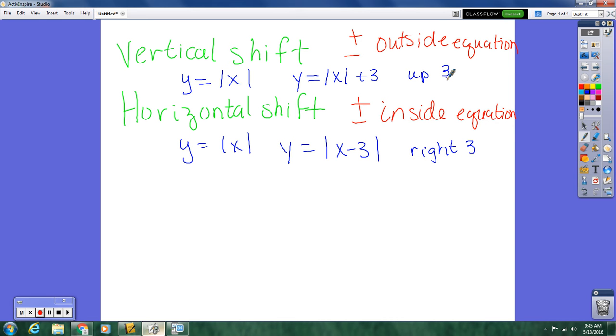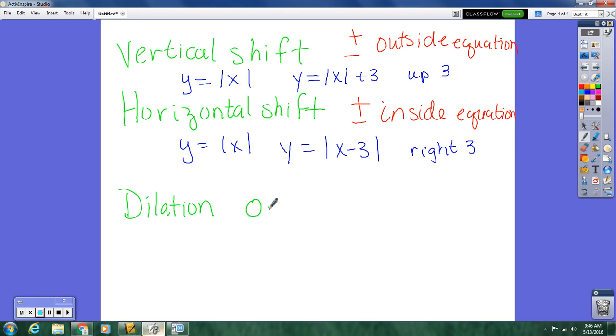Remember that? We moved it up and down, right and left, and then we did a, anybody remember? We stretched it. What do we call it? A dilation. We stretched it, we flattened it out. We call it a vertical stretch. What did we do there? We've added and subtracted inside and outside. Now we put a number in front of the x.